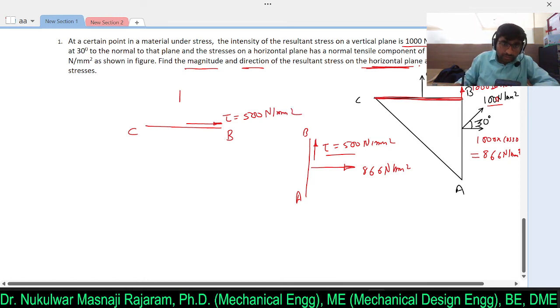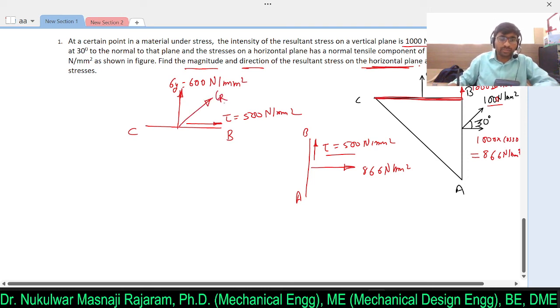Next, there is another force, a normal force acting on this particular body, that is sigma y. It is given as 600 Newton per mm square. What they are asking about is the resultant stress acting on this particular body. Clear?